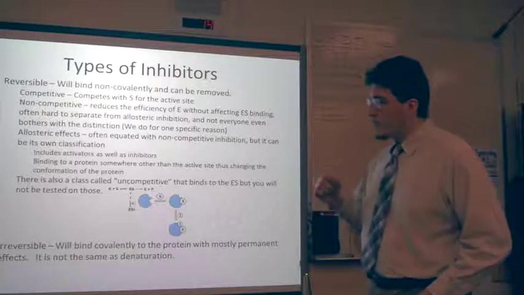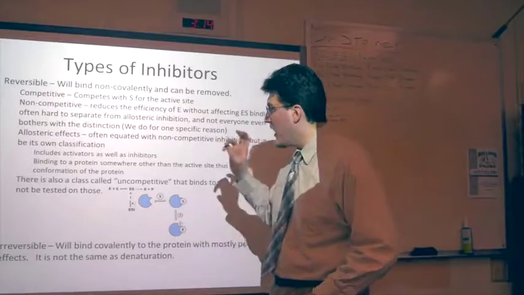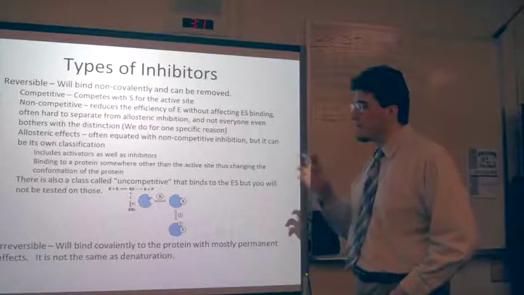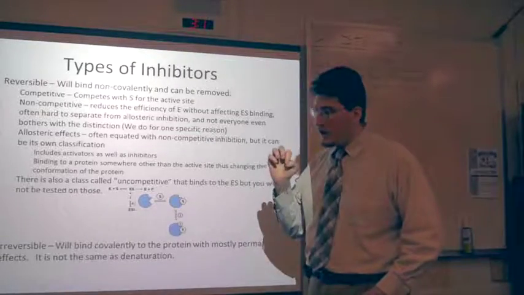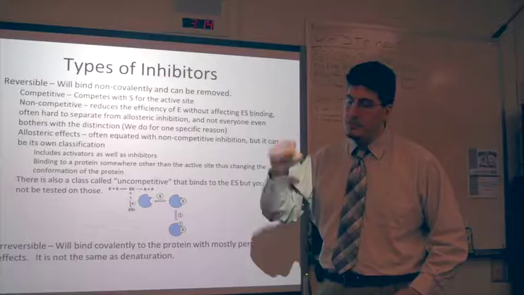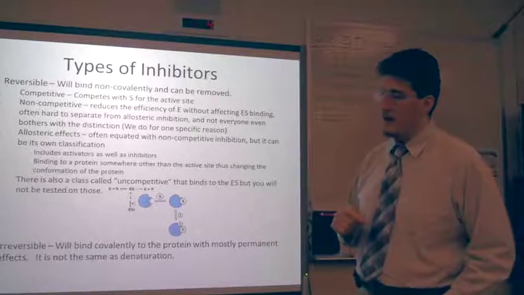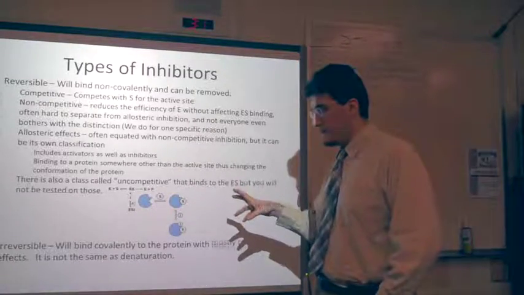There is also a process called uncompetitive, as shown by this process here. Uncompetitive inhibitors bind to the enzyme substrate complex. But you're not really tested on that. Uncompetitive is simply that.